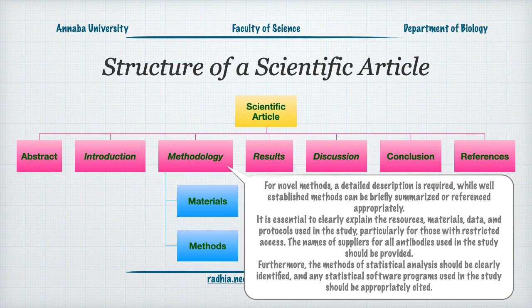It's important to clearly explain the resources, material, data, and protocols used in this study, particularly for those with restricted access. The name of the supplier of all antibodies used in the study should be provided. Furthermore, the methods of statistical analysis should be clearly identified, and any statistical software program used in the study should be appropriately cited.